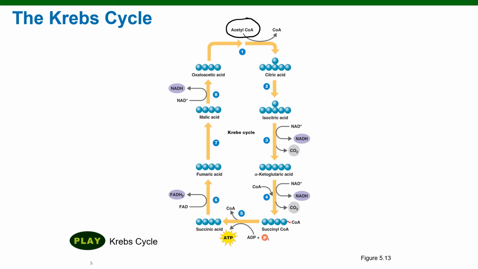The Krebs cycle goes by many different names. So don't be confused if you also hear of the Krebs cycle referred to as the TCA cycle. TCA is an abbreviation for tricarboxylic acid. And that's just another name for citric acid.